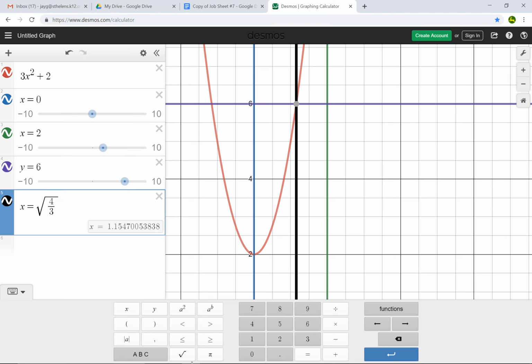There it is. 0 to 2, yes? Nice. Interestingly enough, there I drew those in, 0 to 2. Here is the line y equals 6. That's the average value. Where does it occur? It occurs at the square root of 4/3, like I said it would. Now, notice that this piece up here, if you chopped it off and dumped it in here, it would fill in perfectly and make you a nice, perfect height rectangle, would it not?